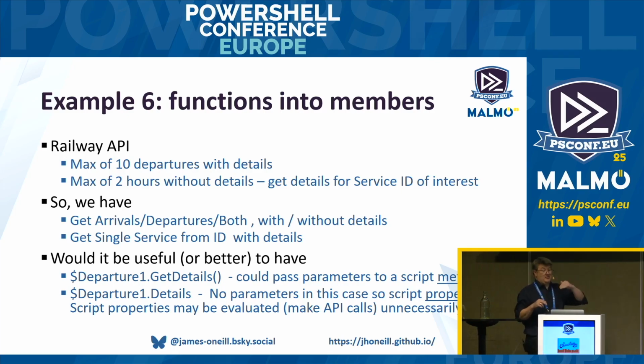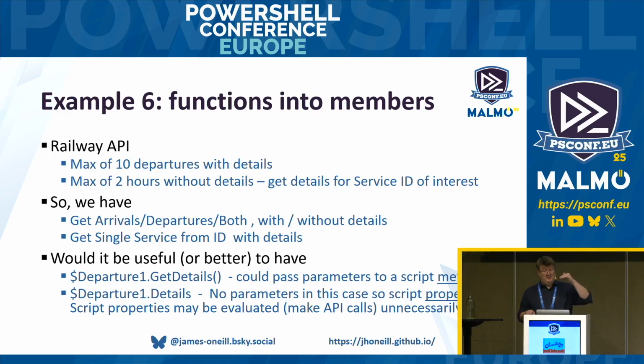So if you think of that railway API, when you ask it to give all the departure details, you can get a maximum of 10 trains. If you say, don't give me the details, it will give you everything for the next 2 hours. So we have different permutations of getting the arrivals or the departures or both, and with and without details.